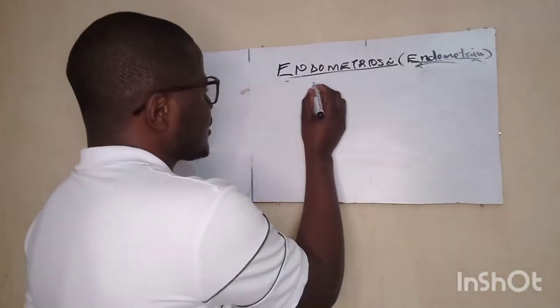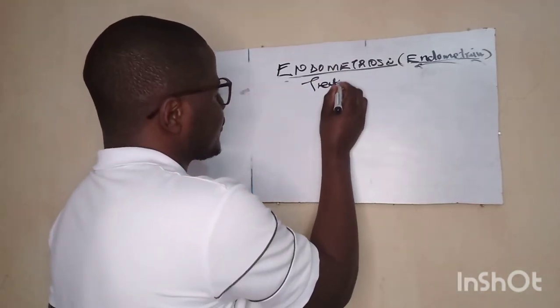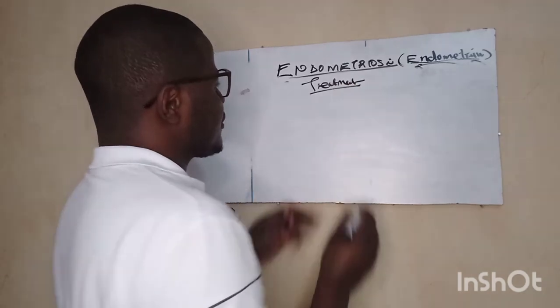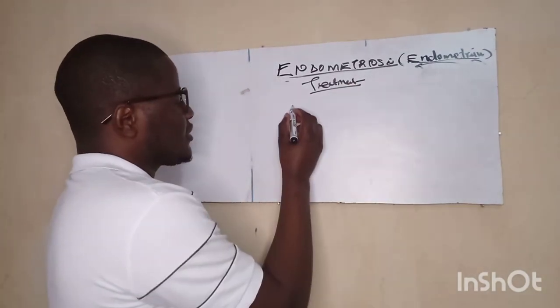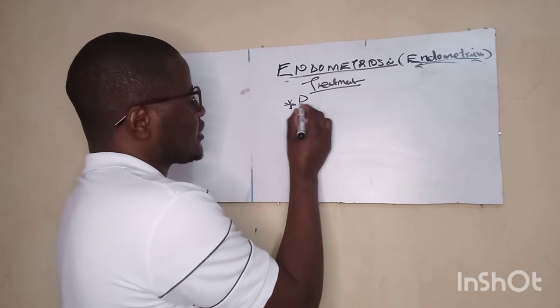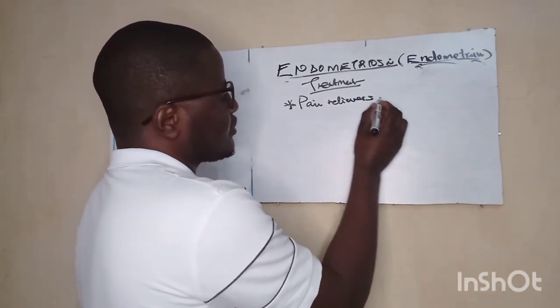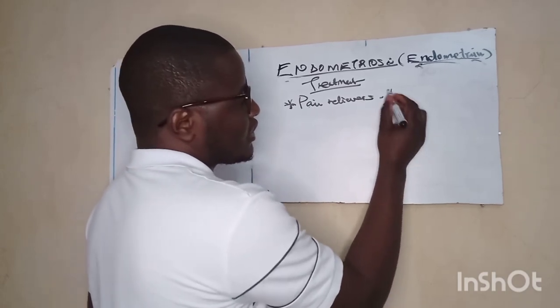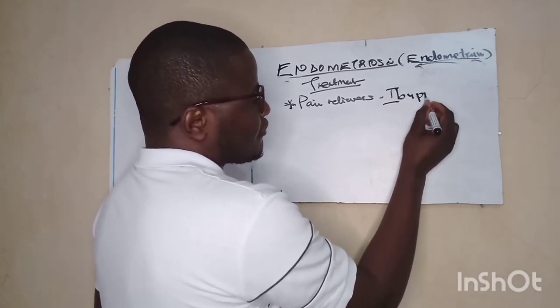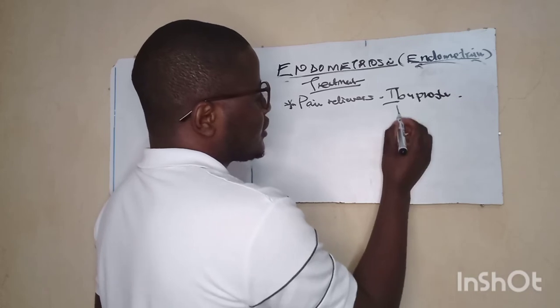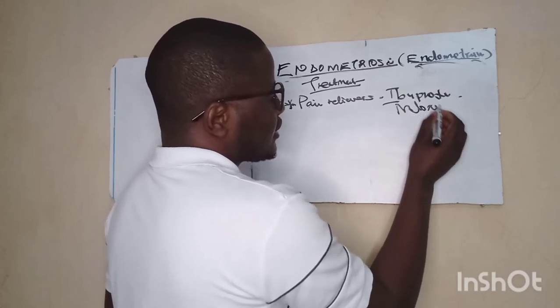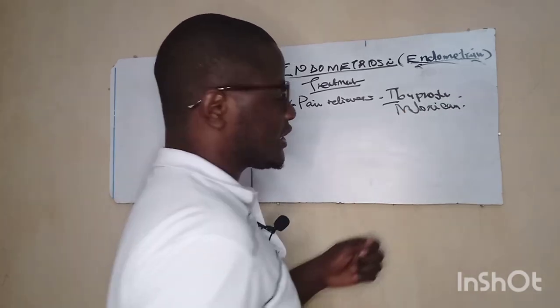Okay, after we have talked about the complications, allow me to talk about the treatment that we have when we are talking about endometriosis. The treatment number one is whereby we give you just pain relievers. So we can give you some drugs like maybe brufen to ease the pain. We can give you drugs like meloxicam.